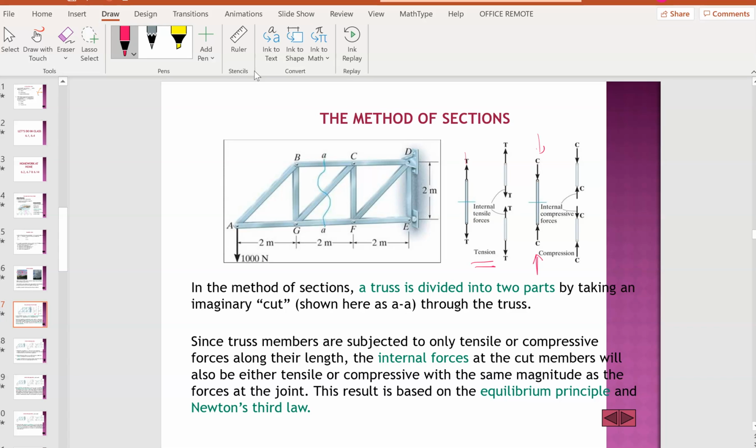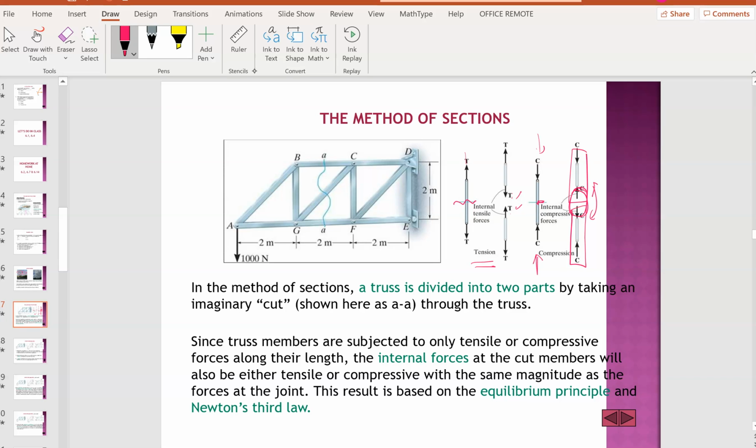When it's under tension and you cut the middle, exposing the forces, you see tension. When you join them, they cancel each other off. So this is the internal force. Likewise for compression. If you cut in the middle, this rod will still be under compression, and this rod will still be under compression. But if you join them together, you can't see the compressive force in the middle because it cancels off each other.